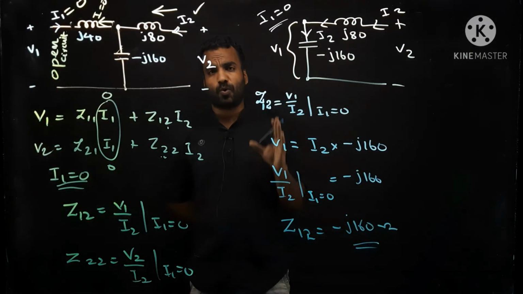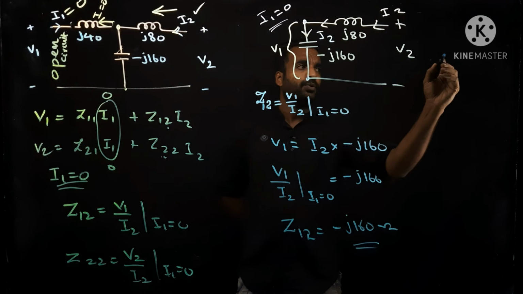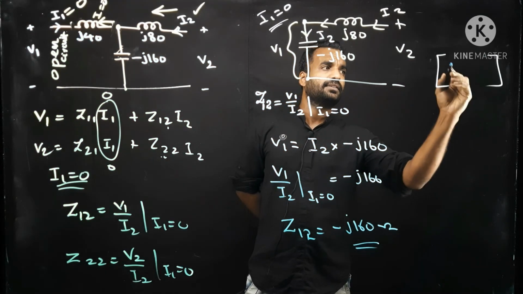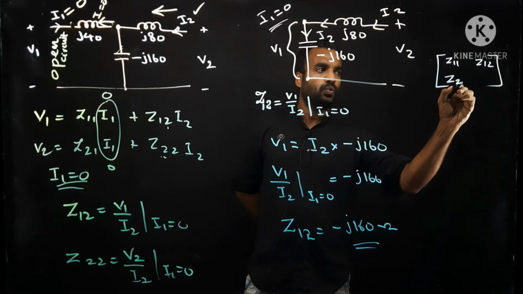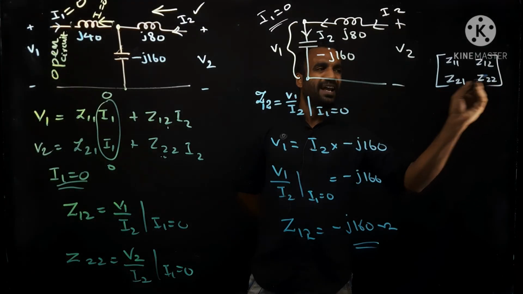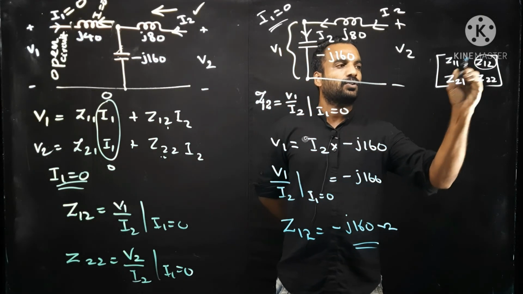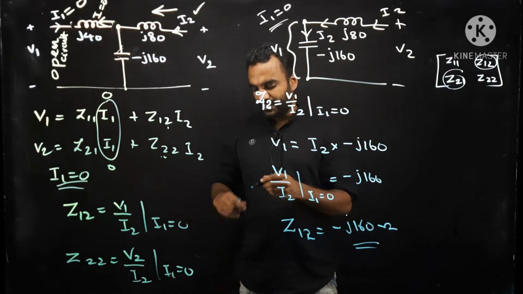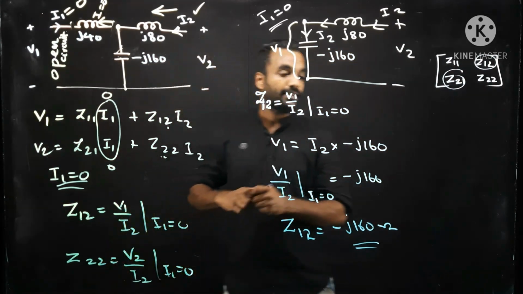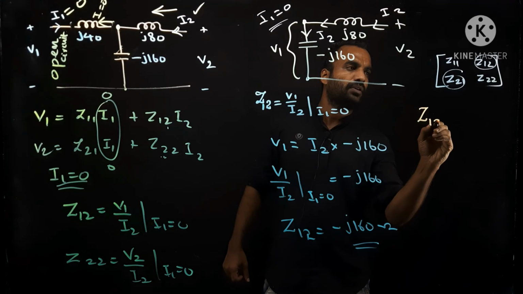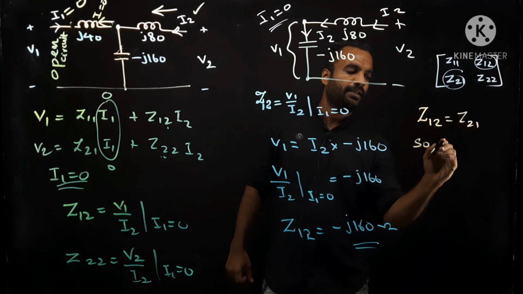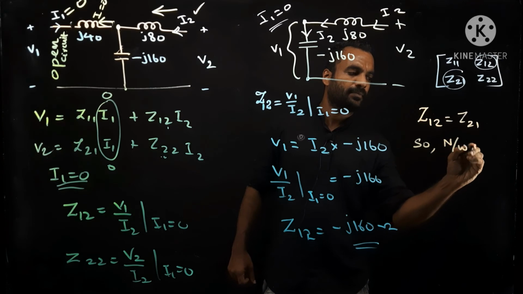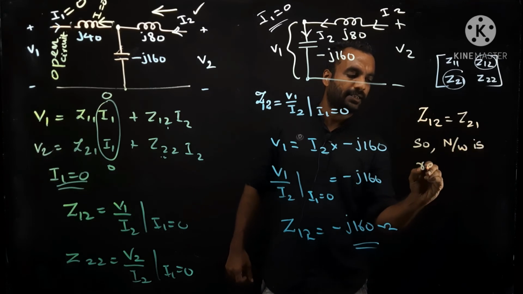So we found all the 4 parameters. Please arrange these in this format: Z11, Z12, Z21, Z22, and check Z12 and Z21. You can see Z12 is equal to Z21, so the network is reciprocal.